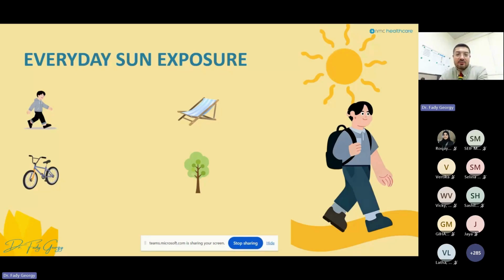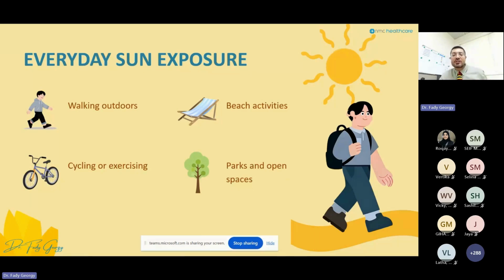Everyday sun exposure, we run the risk of it if we're walking outdoors, or doing beach activities, or cycling or exercising in the sun, or walking in parks or gardens or open spaces. All of those things are everyday sun exposures. And even though you might not be fully staying on the beach and getting fried or tanned by the sun, if you are doing those little activities in the sun without proper sun protection, that will add up.